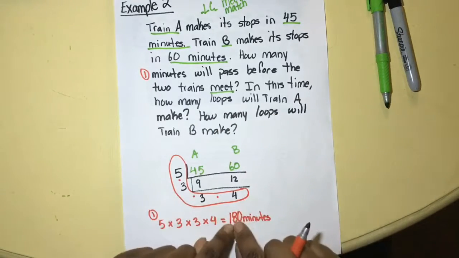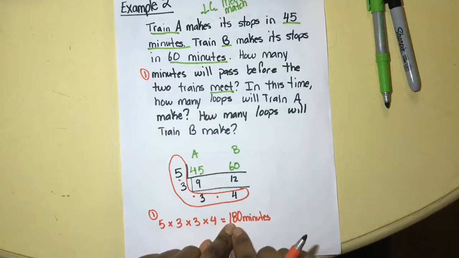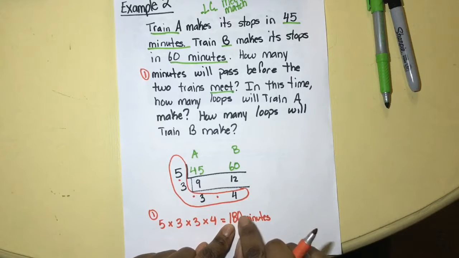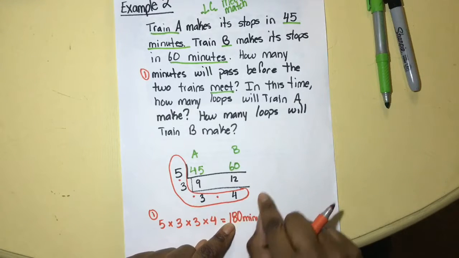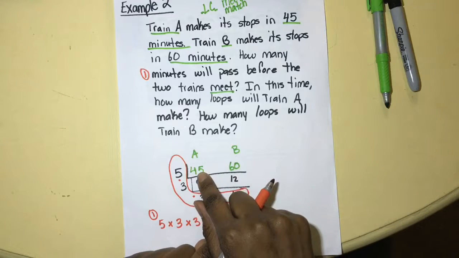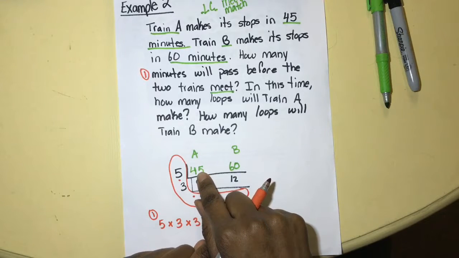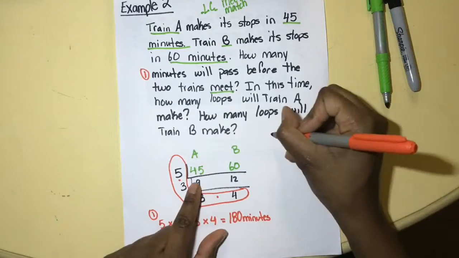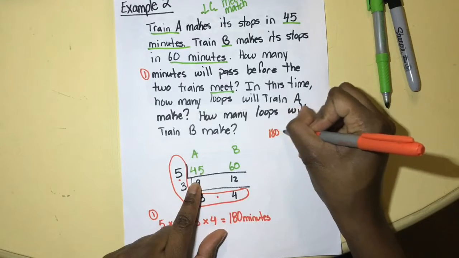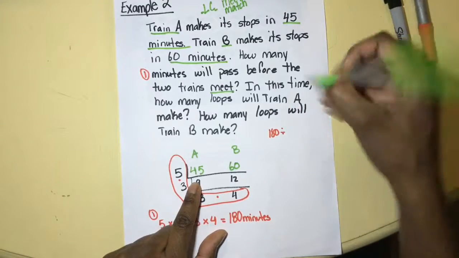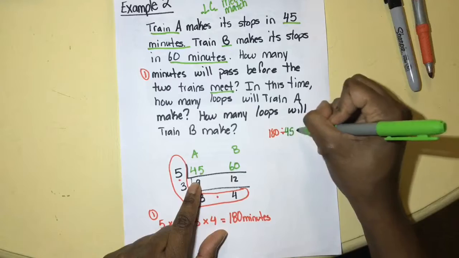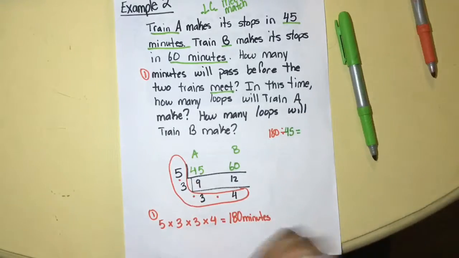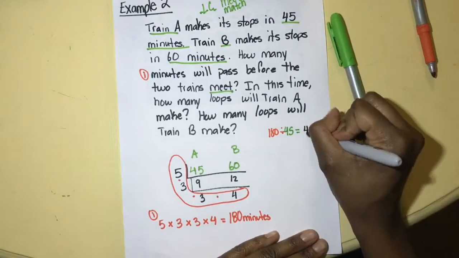Well, if the trains are going to meet in 180 minutes and train A makes the stop in 45 minutes, I know that 180 divided by 45 is equal to 4.